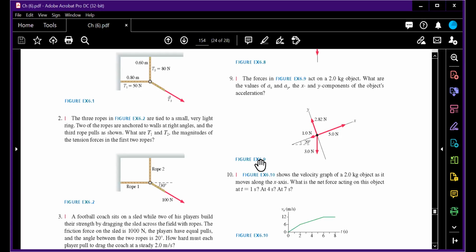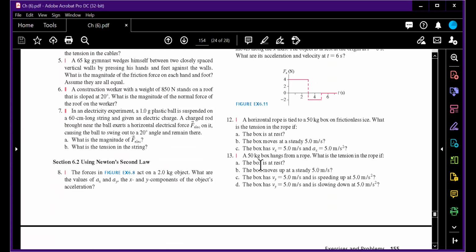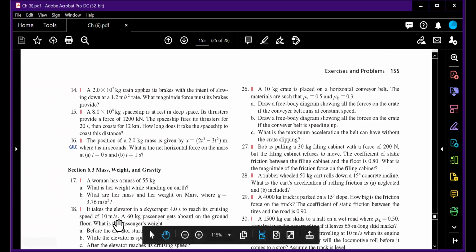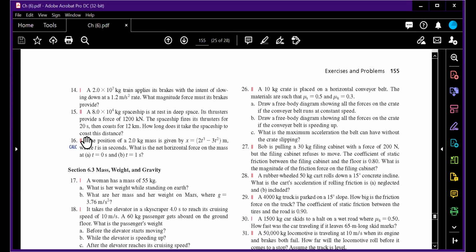Okay, so we're back on our list using Newton's second law. Mass, weight, gravity. Oh, there's a calculation. Let's look at number 16 real quick. Caught my eye. The position of a 2 kilogram mass is given by x equals 2t cubed minus 3t squared meters, where t is in seconds.